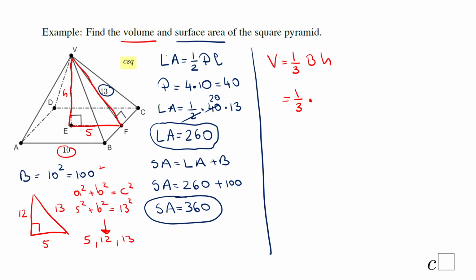The base, if you don't remember, we have it right here, 100, and times the height. The height is this 12. So again, we can simplify here, and we have left 4 times 100, which is 400. The volume of this square pyramid is 400 cubic units.